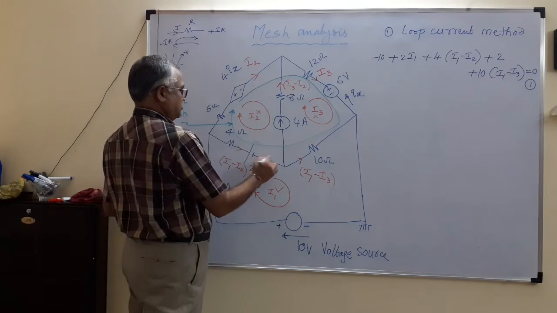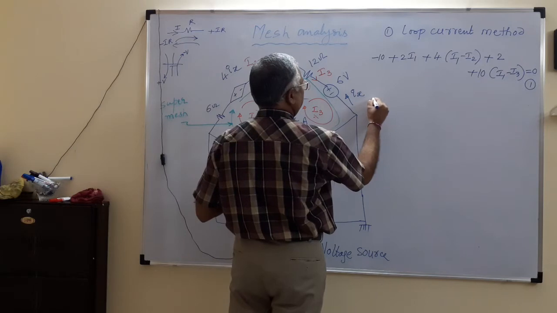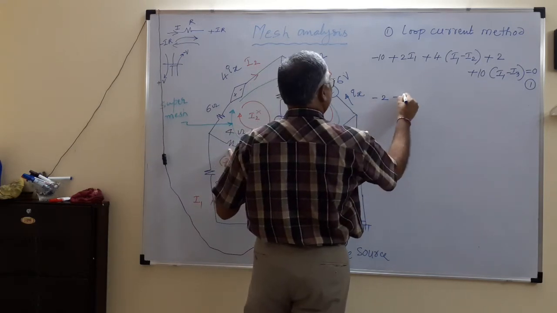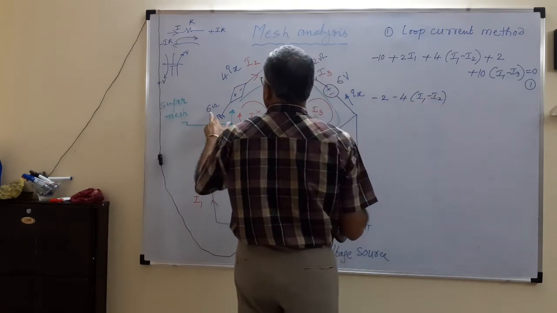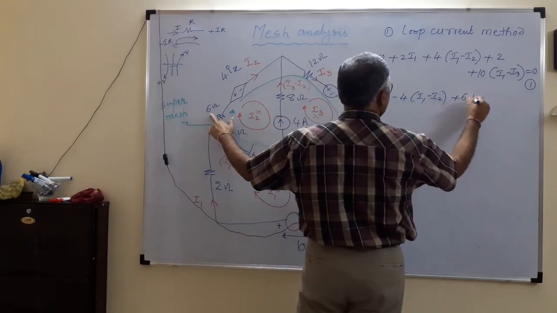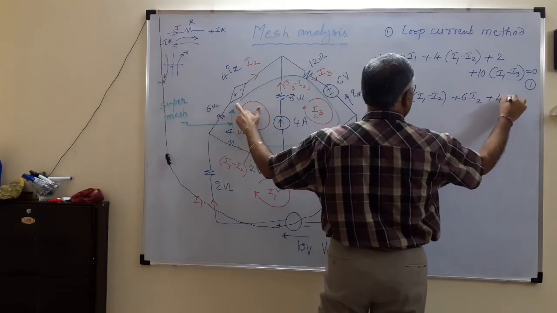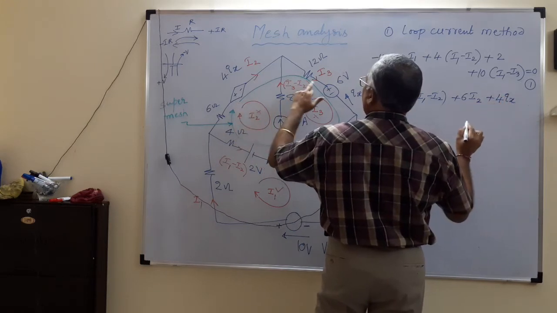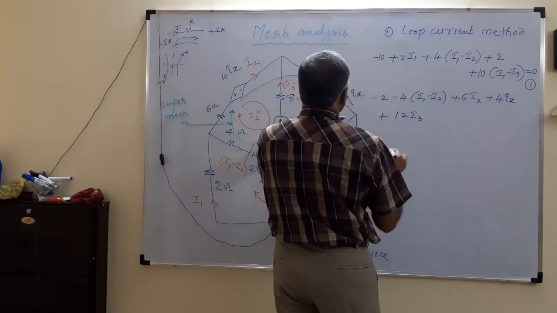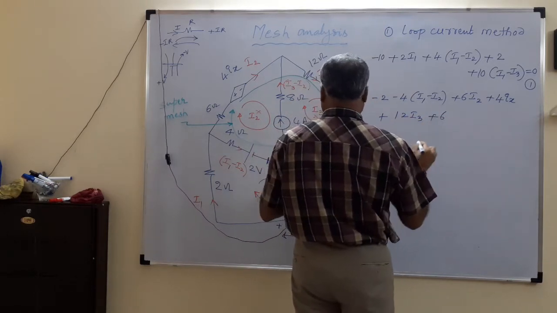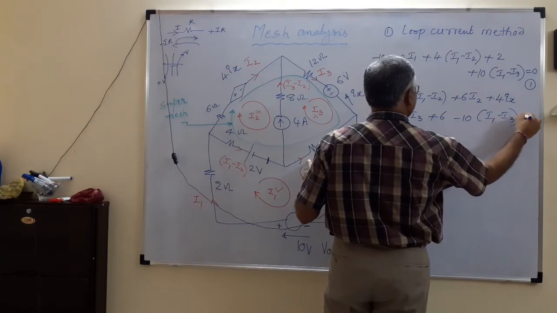Next is the super mesh equation. You can start anywhere, but when I started here: minus 2, then minus 4 into I1 minus I2, then plus 6I2, plus 4Ix, plus 12I3, plus 6, minus 10 into I1 minus I3 equal to 0.